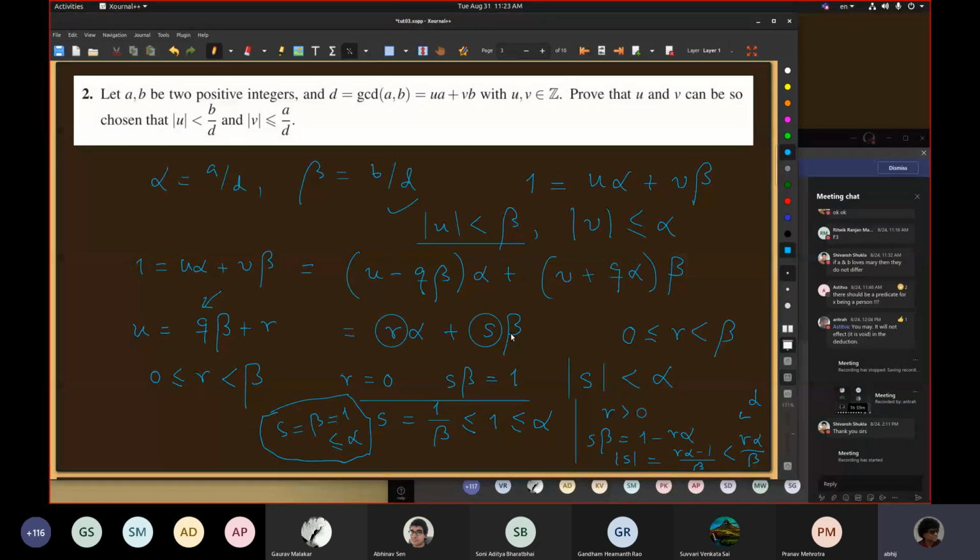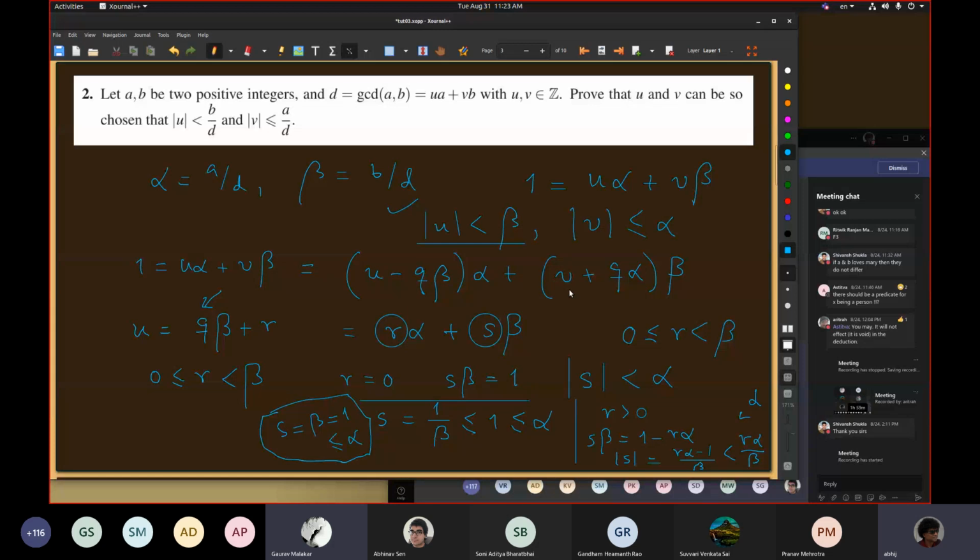s is already an integer because it is of the form v plus q alpha. The way I have constructed r and s, they are integers, right?